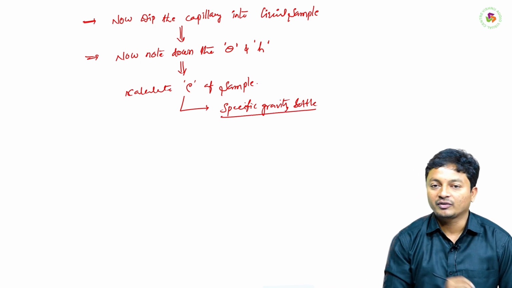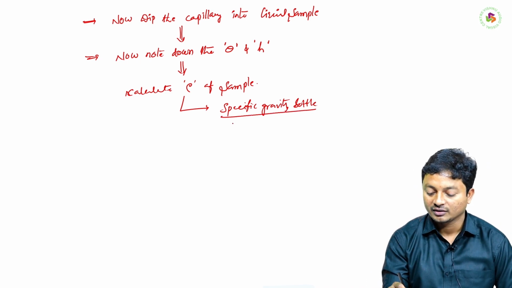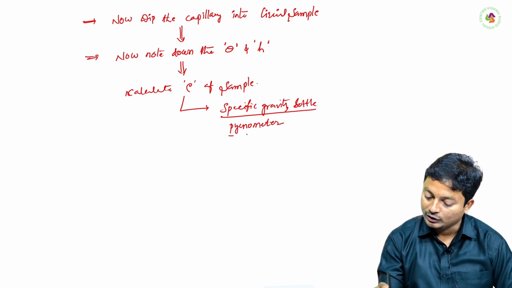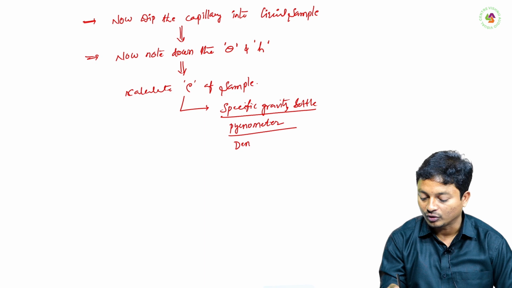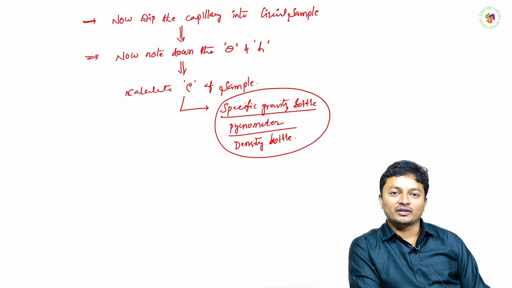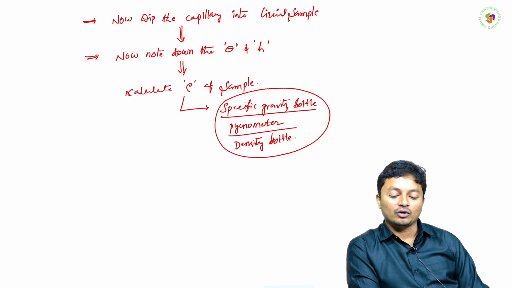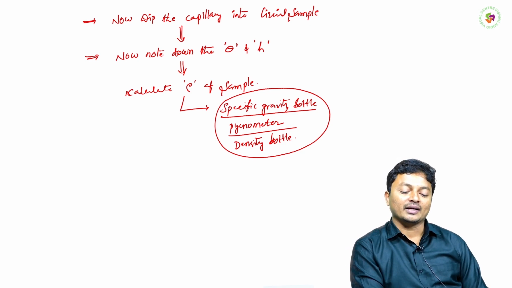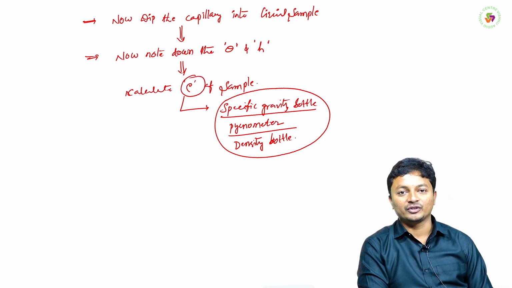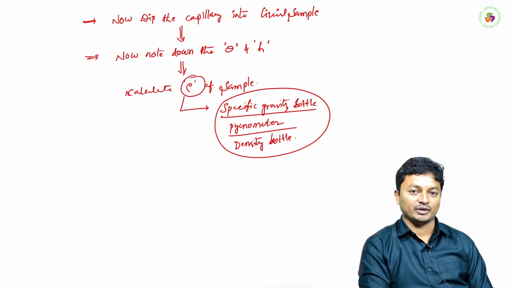This specific gravity bottle is also known as a pycnometer or density bottle. With the help of a specific gravity bottle, pycnometer or density bottle, we can calculate the density of the particular liquid sample which we are going to use in the experiment.